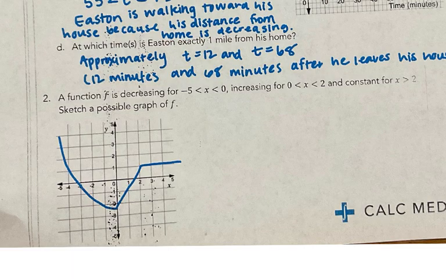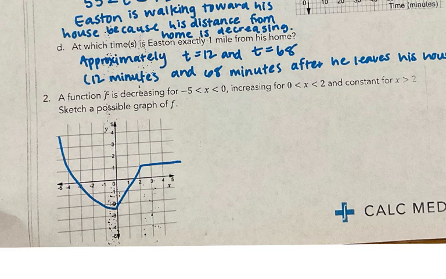All right, this is not the only answer. This is just an answer. That's why it says a possible answer. So all that has to happen is between -5 and 0, you have to be going down. Between 0 to 2, you have to be going up.